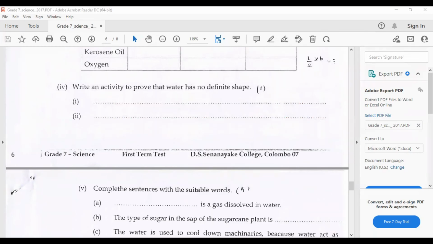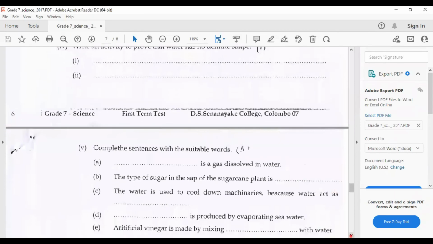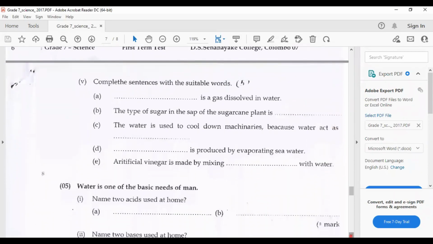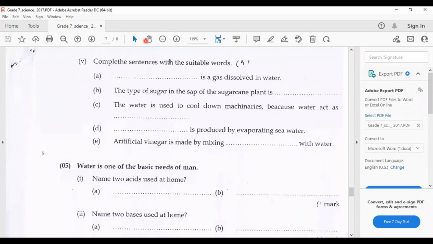Roman number 5. Complete the sentences with suitable words. Which gas is dissolved in water? Here the answer is oxygen. The type of sugar in the sap of the sugarcane plant is sucrose.